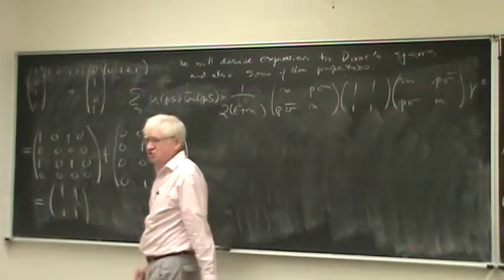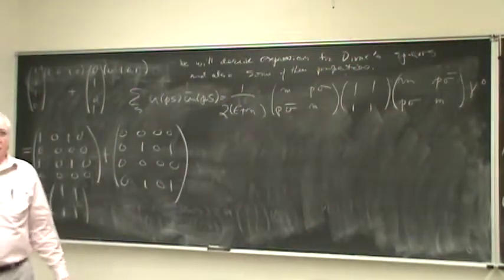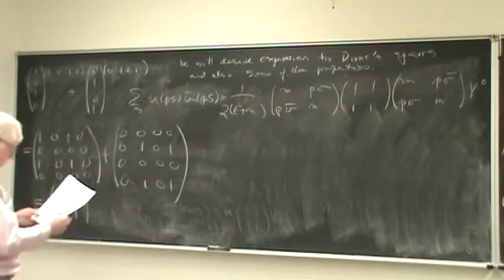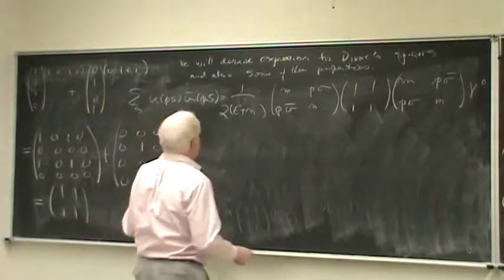Gamma 0 is Hermitian, as are all the gamma matrices except for gamma 2, which is anti-Hermitian.